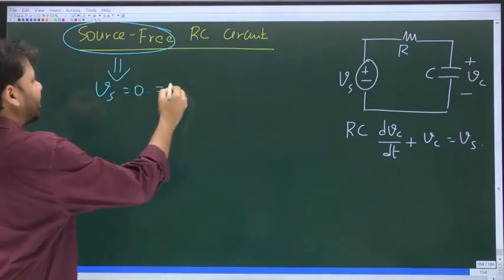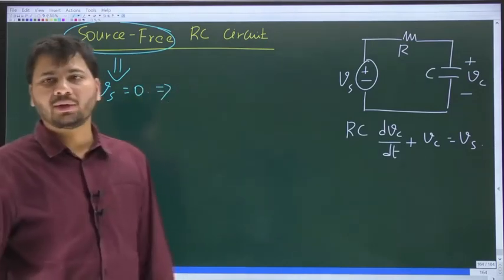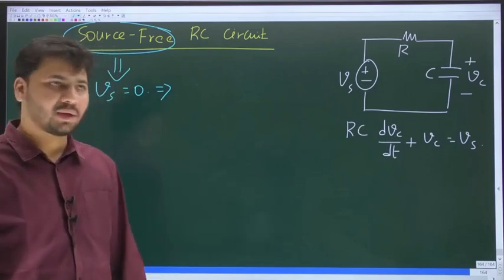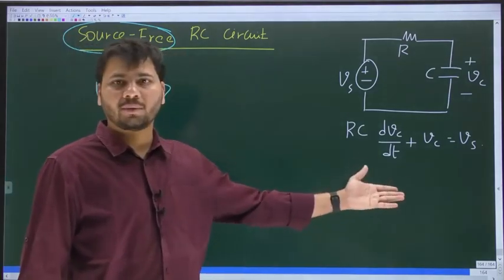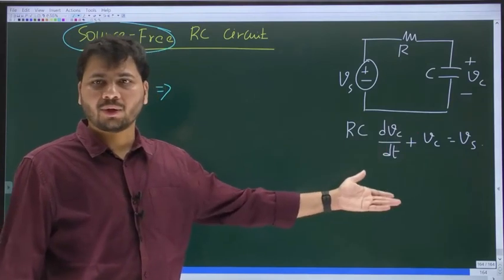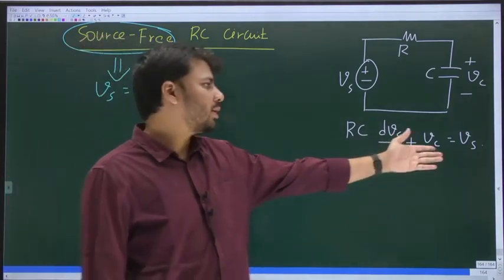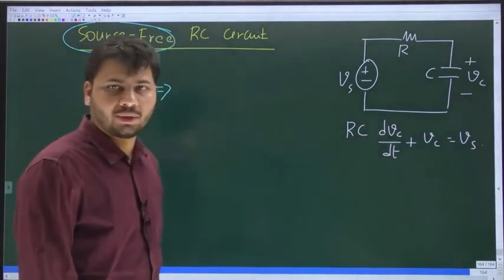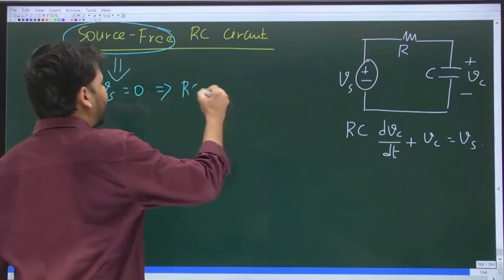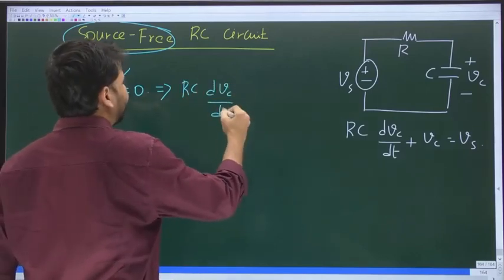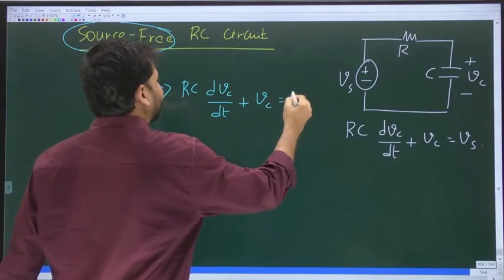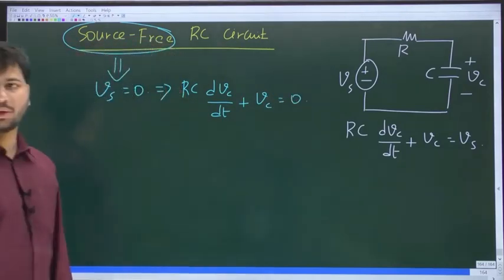When Vs becomes 0, what about the differential equation governing the circuit? Take the differential equation and put Vs equal to 0. The right hand side becomes 0. So RC dVc/dt + Vc = 0.